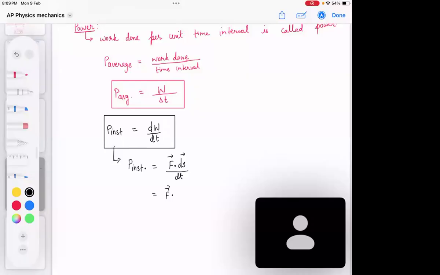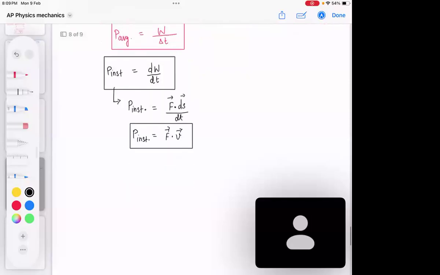So this ds by dt is nothing but the velocity of the particle. That's why, to calculate instantaneous power, you can use the dot product of force and velocity. You can also write it as magnitude of F, magnitude of V, and cos theta, where theta is the angle between the force and the velocity.